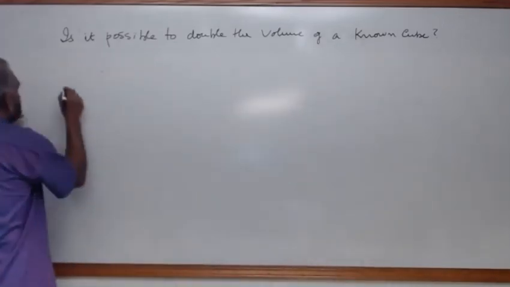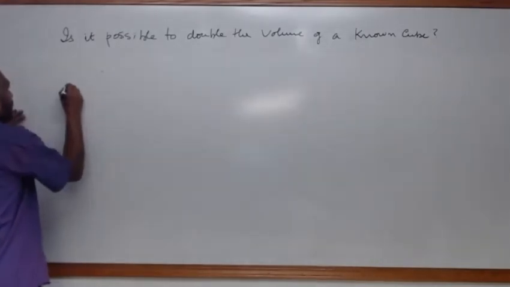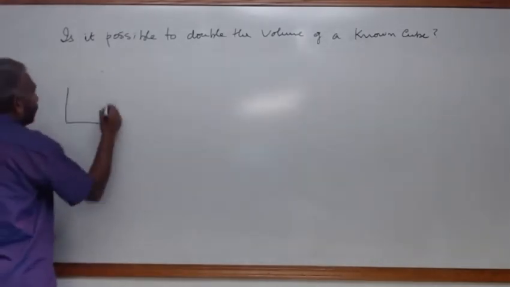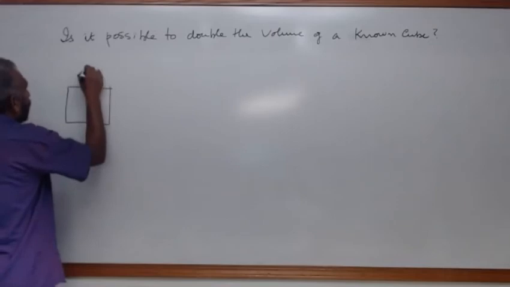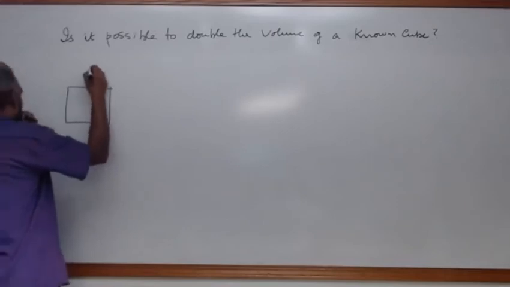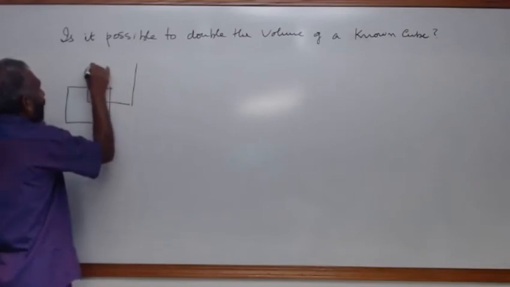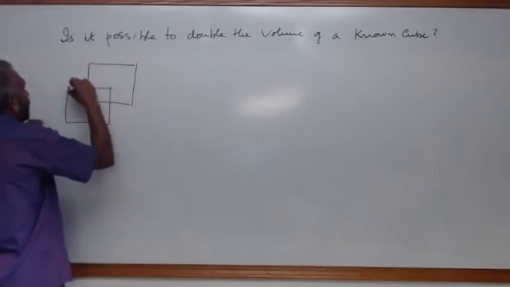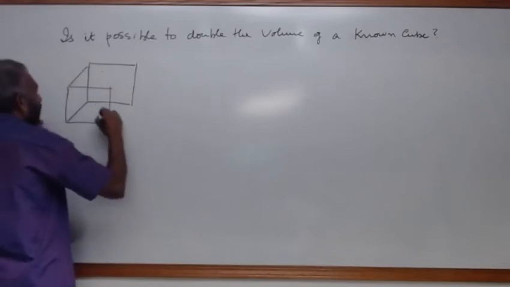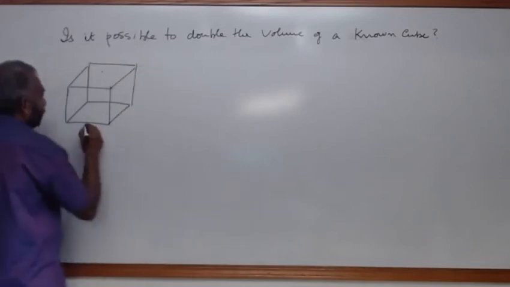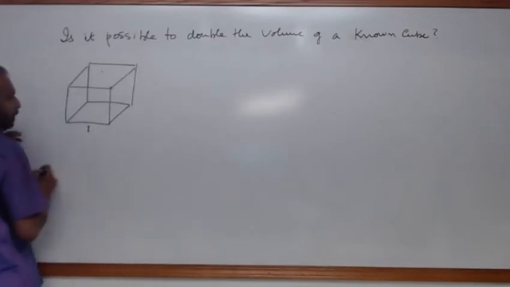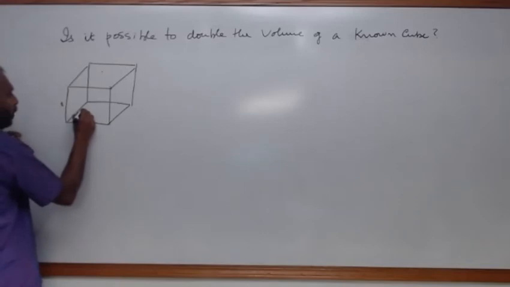So let us assume that the cube is of side 1, for example. You can take any side, any length, but I'm going to take 1. So 1, 1 and 1.